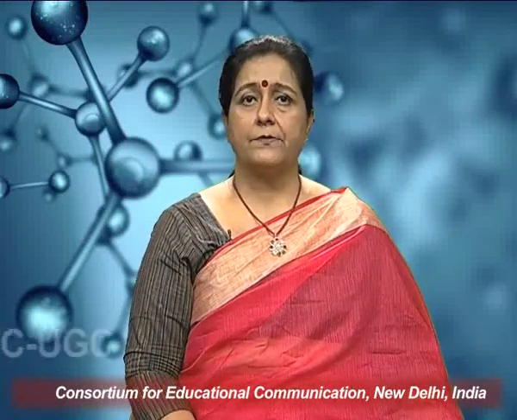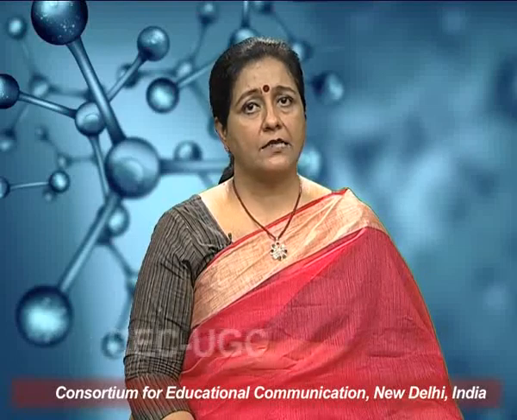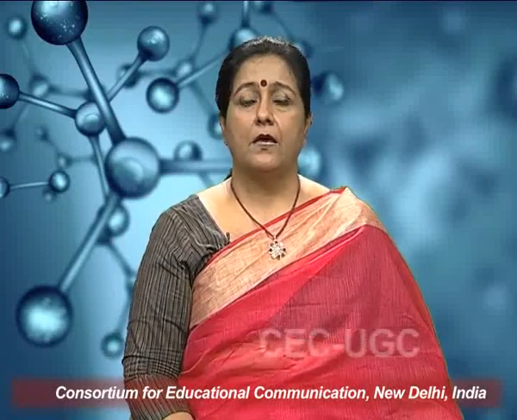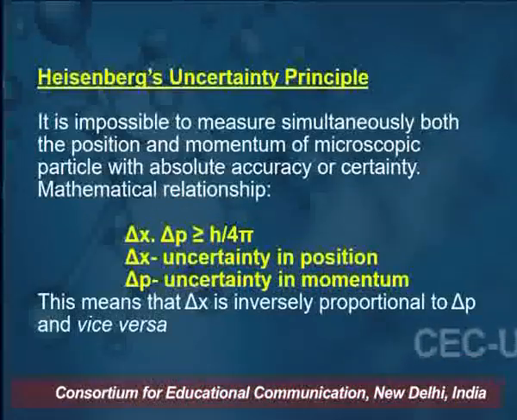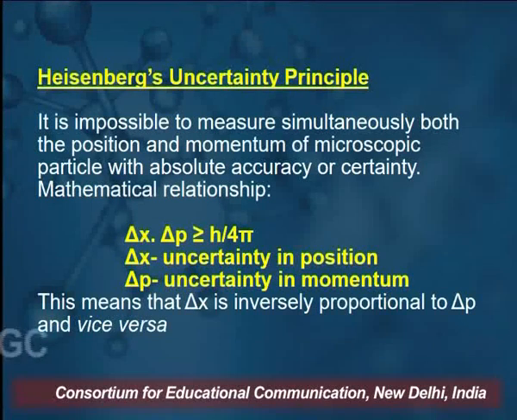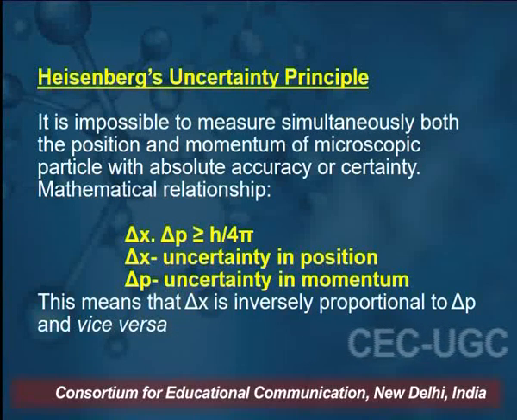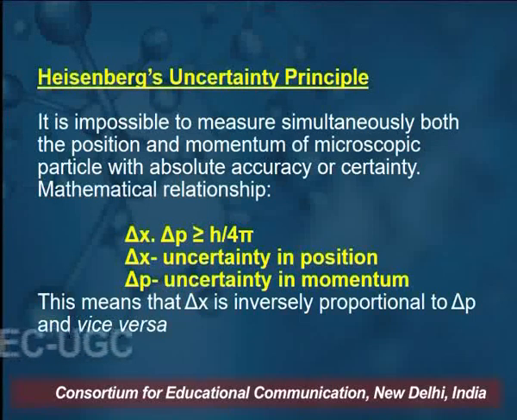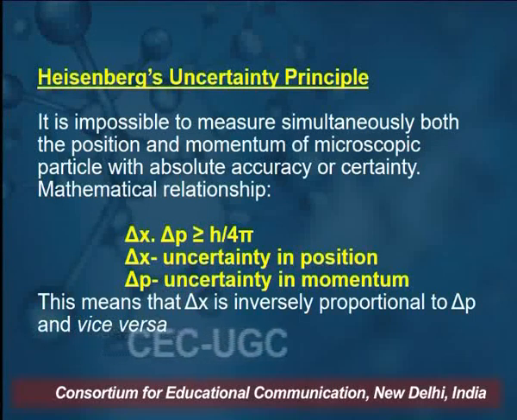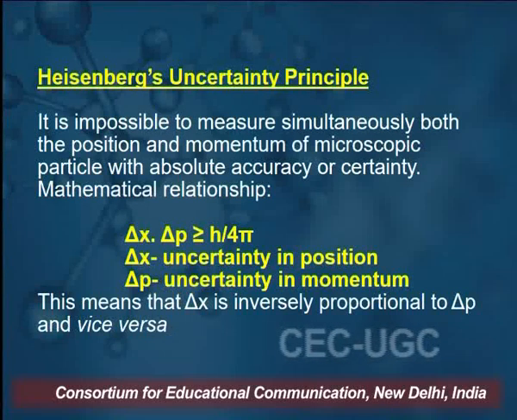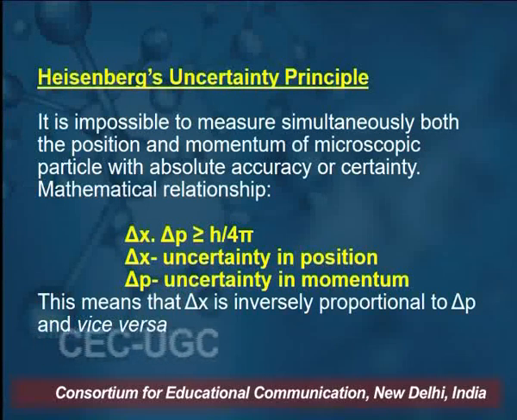Next concept is Heisenberg's uncertainty principle. According to this, it is impossible to measure simultaneously both the position and momentum of a microscopic particle with absolute accuracy or certainty. The mathematical relationship given here is delta x into delta p is greater than or equal to h upon 4 pi.